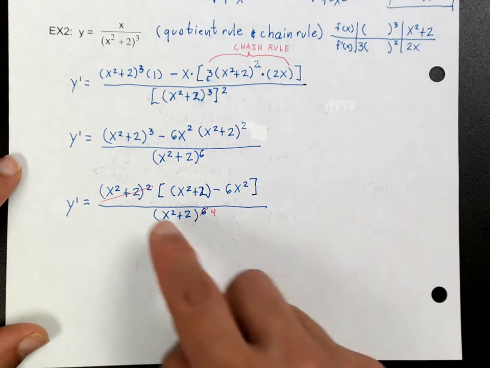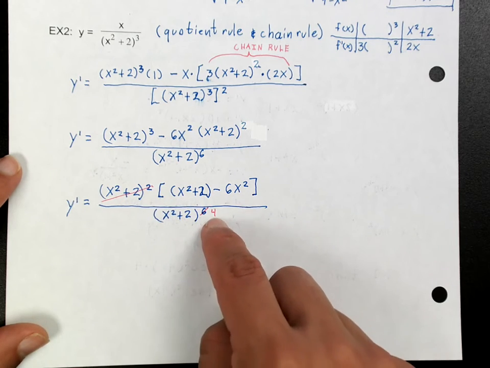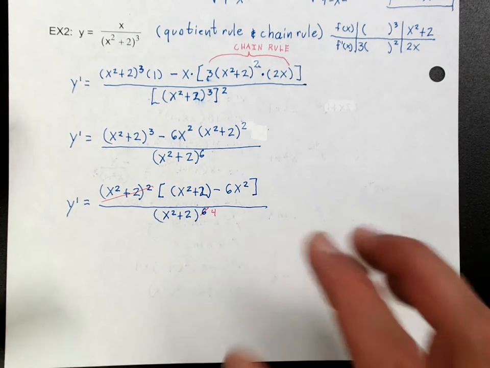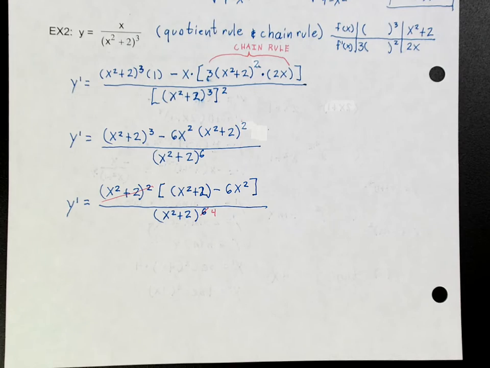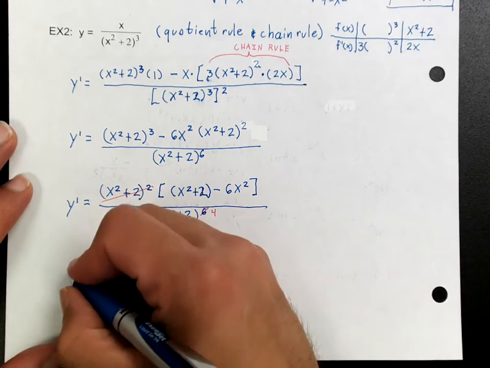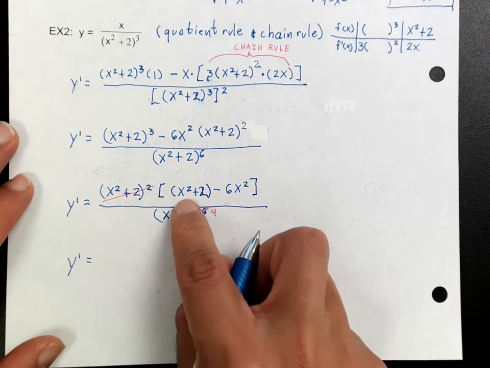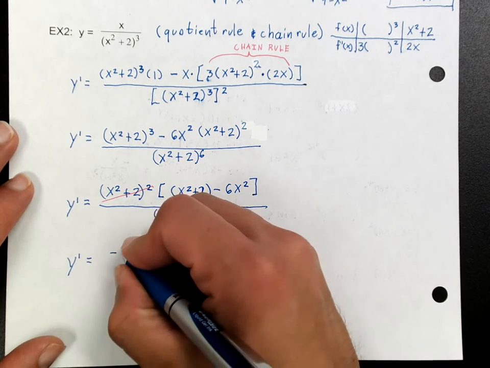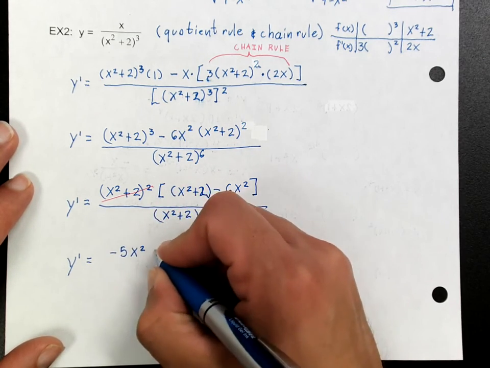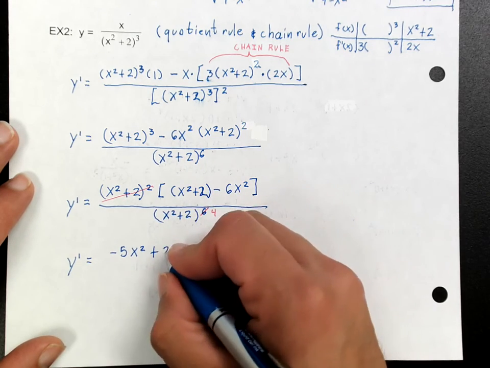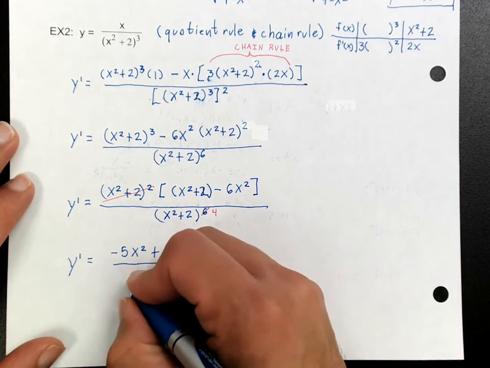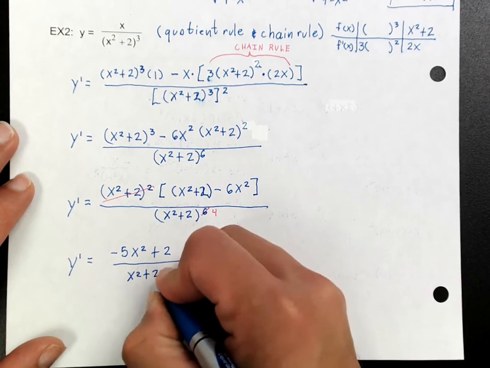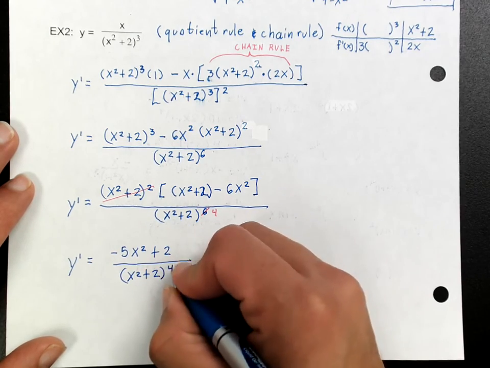So I end up with x squared plus 2 to the power of 4. Again, I'm going to add like terms. Notice that I have x squared minus 6x squared, which will give me negative 5x squared, plus 2, that 2 right there, all over x squared plus 2 to the power of 4.